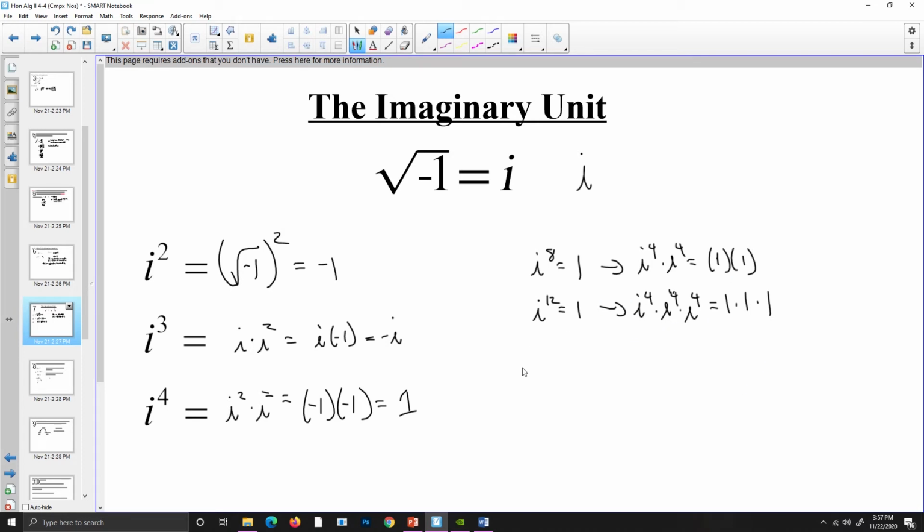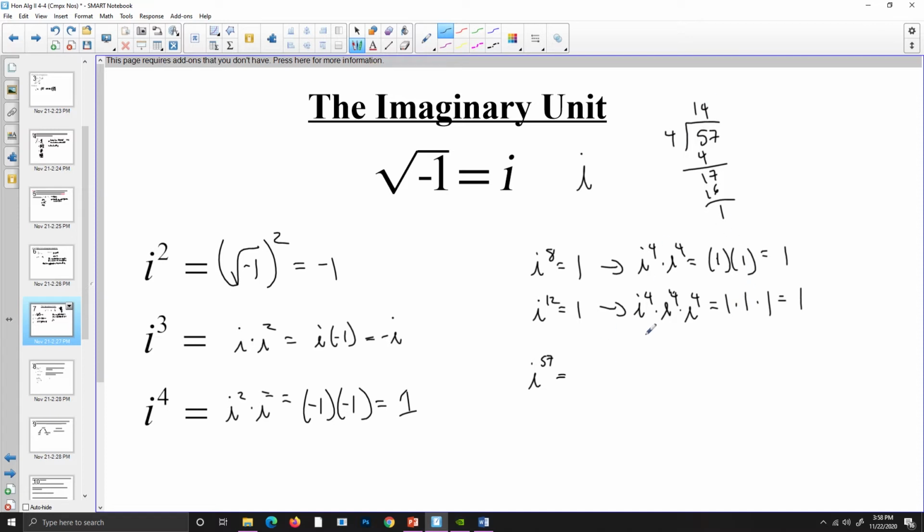All right. So if I wanted to do something even bigger than that, let's say i to the 57. Now, 4 doesn't divide 57 evenly, and I get that. But if I go 57 divided by 4, I get 14, with 16 and 1 left over.